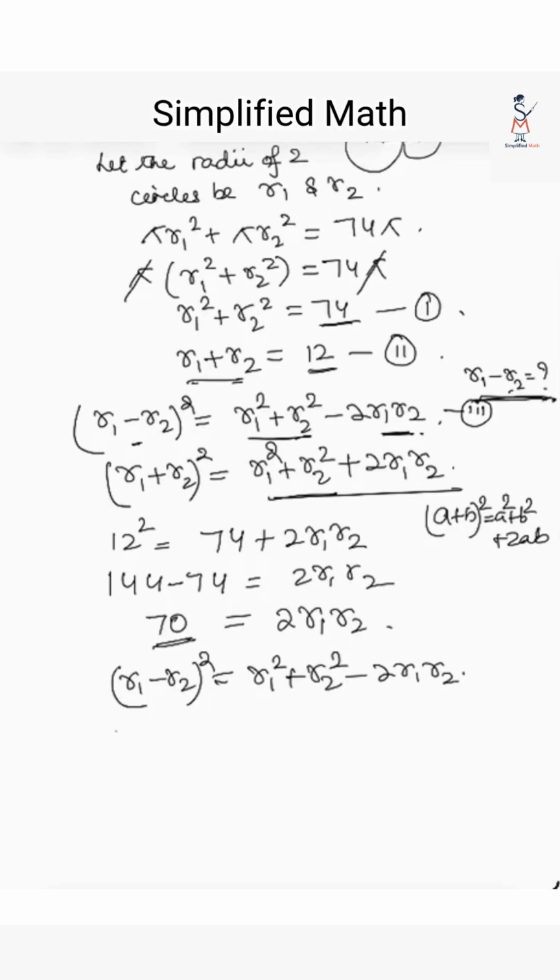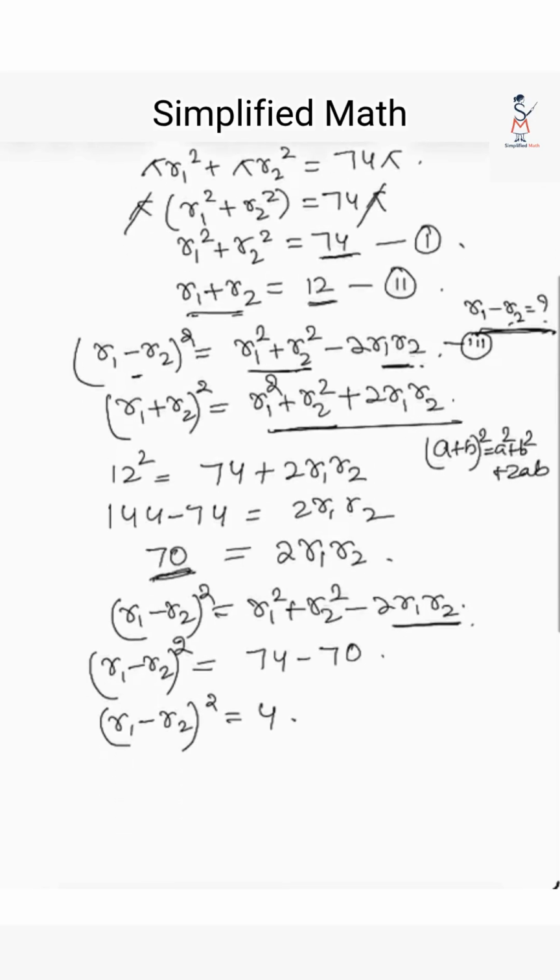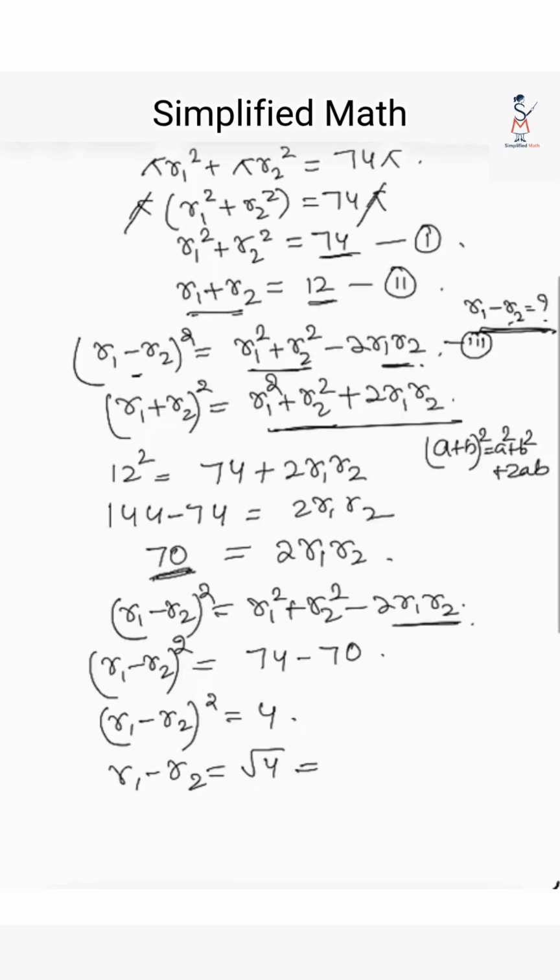R1 minus R2 I have to find, its value we don't know, so we'll write it as it is. R1 square plus R2 square is how much? 74 minus 70, because we found this value as 70. So R1 minus R2 whole square is 4. So R1 minus R2 is square root of 4, that is 2.